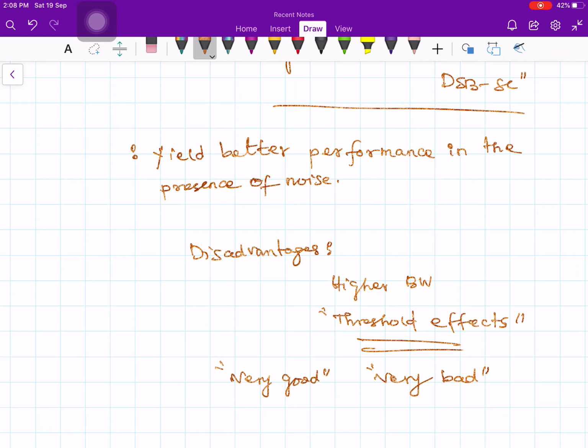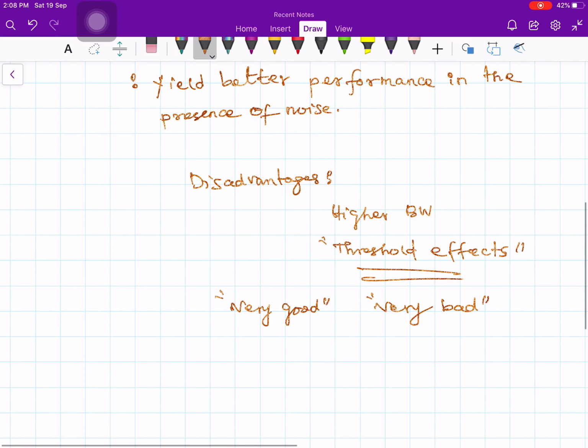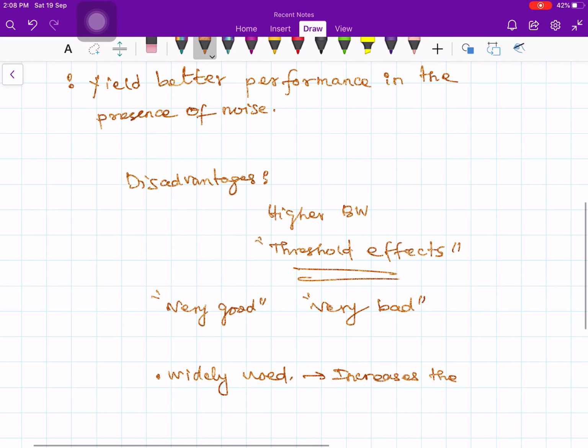And the second advantage of these feedback demodulators is that they can be easily realized in integrated circuit form. Okay, the first one is widely used. The reason is it increases the threshold point.